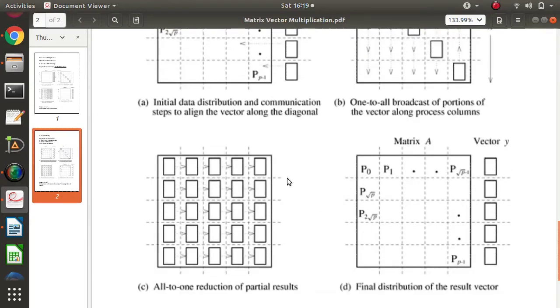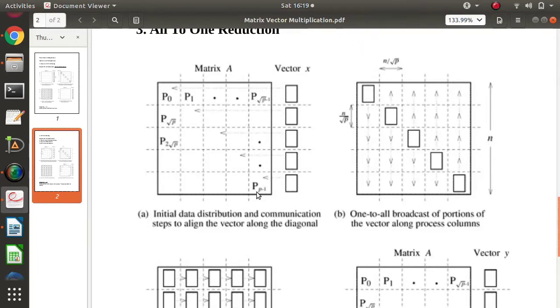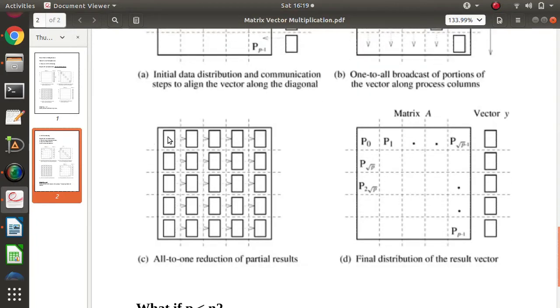After that, look at this. The processes got these values. This process will have the first value of the vector, so it will find the multiplication. This process already has its matrix value and also got the second value of the vector, so it will perform the multiplication.